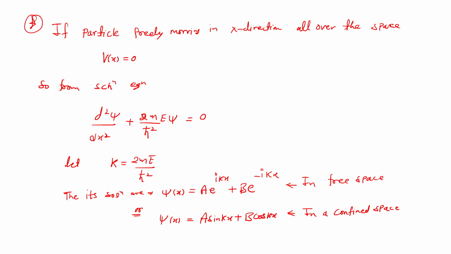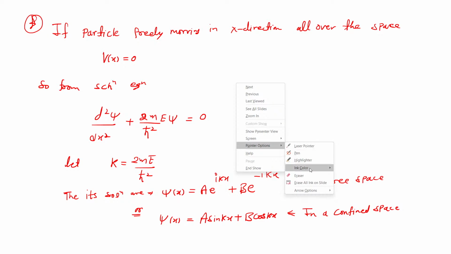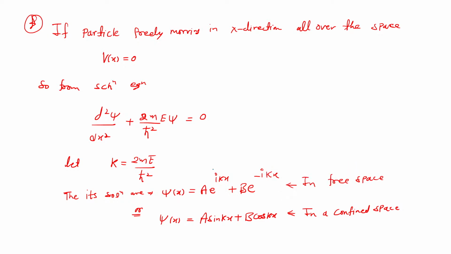Do write this quickly. So here you have a exponential of iota kx and exponential of minus iota kx. Exponential of iota kx is representing the positive going wave.